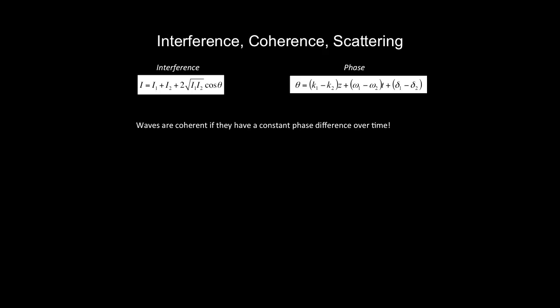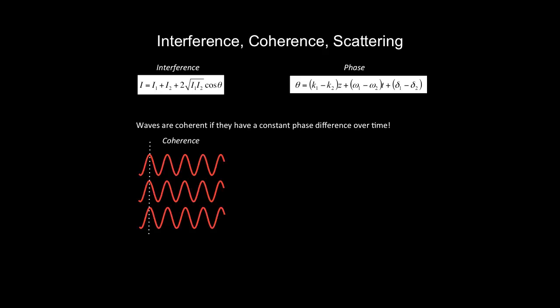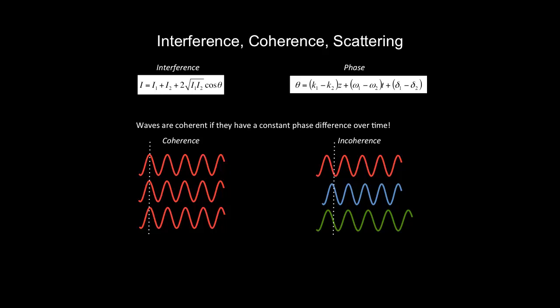Now, these waves are coherent if they have a constant phase difference over time. So this phase needs to be constant over time to call the waves coherent.